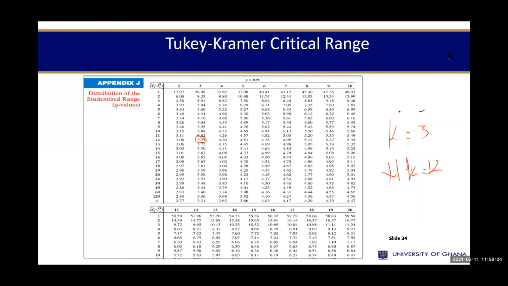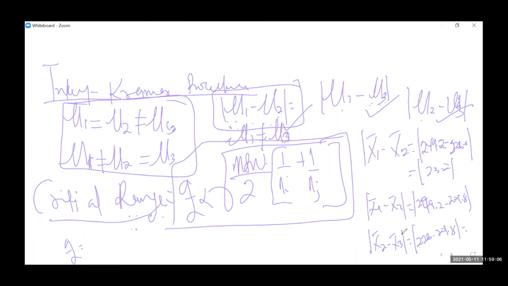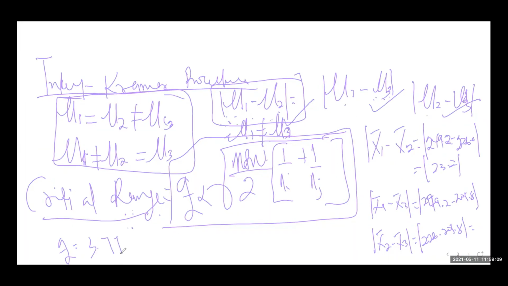So that is 3.77. By substitution, we have 3.77 times the square root of MSW, which was 93.3, divided by 2, times 1 over 5 plus 1 over 5.